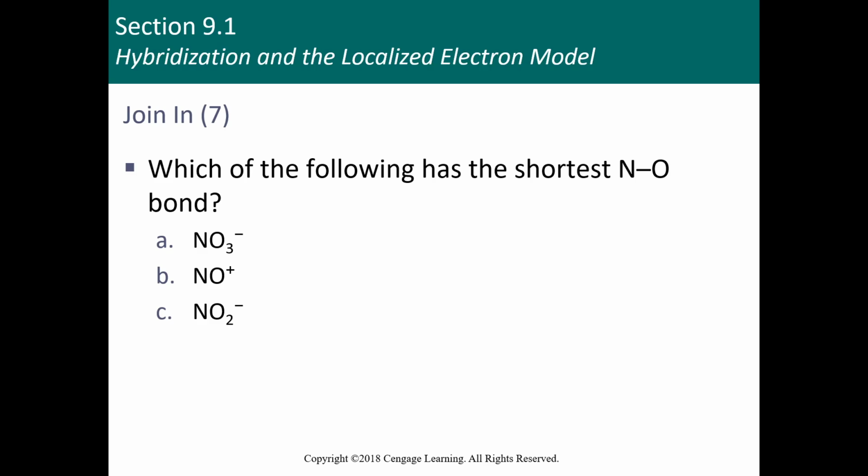When you look at single versus double versus triple bonds, the triple bond is the shortest, the double bond is longer than the triple bond, and the single bond is the longest. And again, that's because of your number of connections holding things together. As you get more and more connections, you tend to shrink the bond.